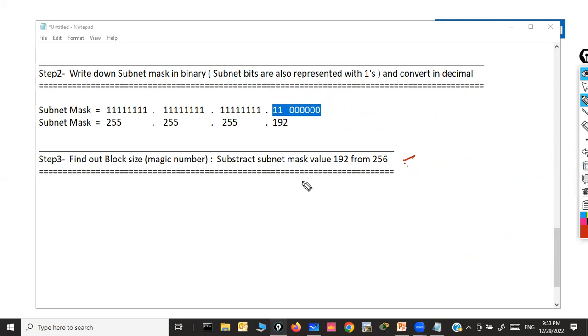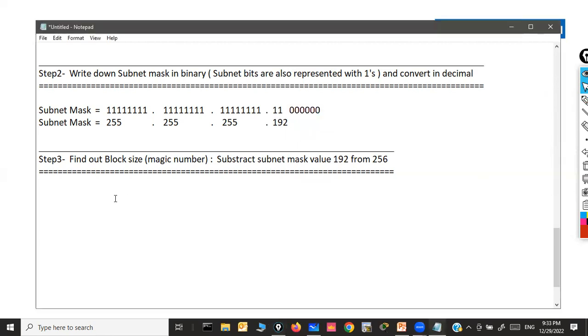But this way, just find out the block size, and the block size here is, let me write down, block size is equal to 256 minus 192 equal to 64. 64 is the block size. And then the last step, only 4 steps here.